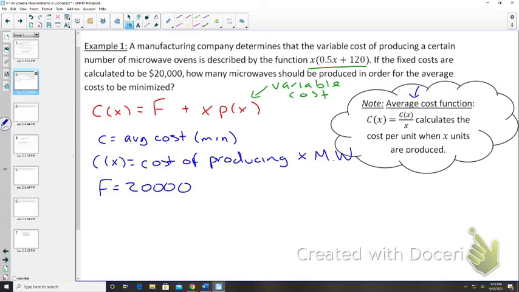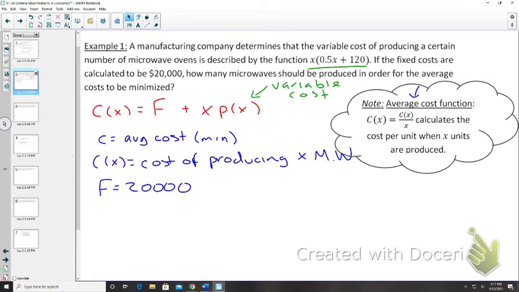Again, fixed costs are going to be like the money required to extract the materials required to build a microwave. All right, so we know our variable cost and we know our fixed cost, so let's combine these to have our cost function here.